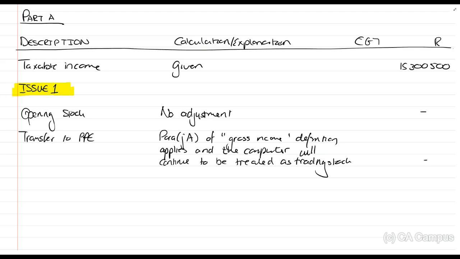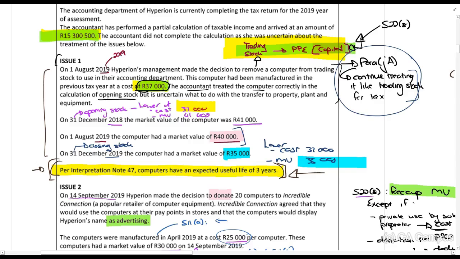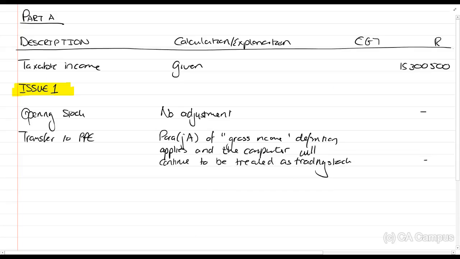Okay, so if I take a little bit of a shortcut, the printed solution is how you want it. Then at the end of the year we had this amount still, we hadn't sold this asset. So if you sell this asset later, you won't treat it as a capital asset that you're selling, you'll treat it as trading stock. So at the end of the year, we've got closing stock, section 22(1).